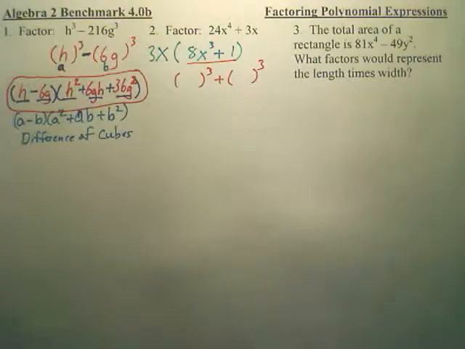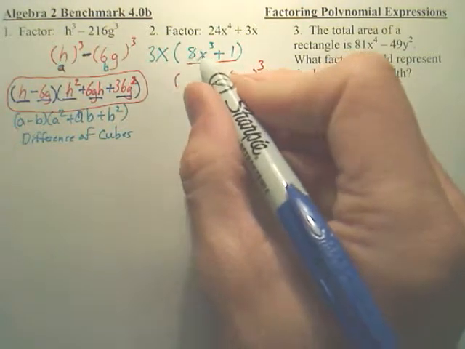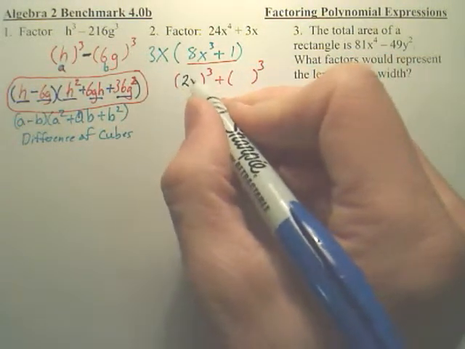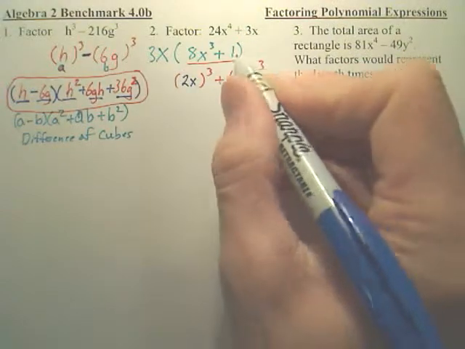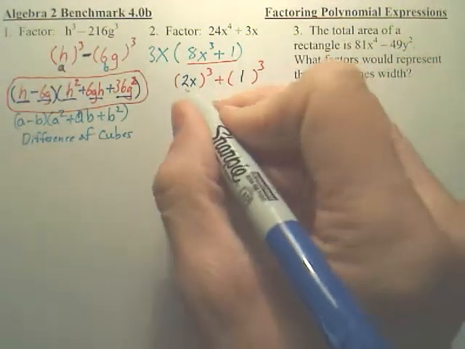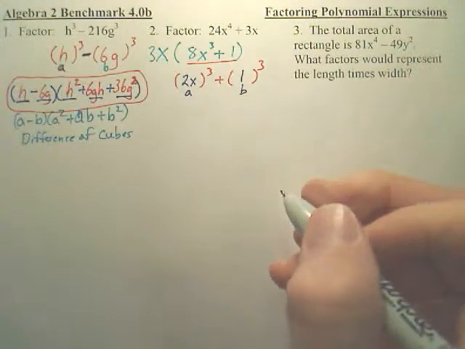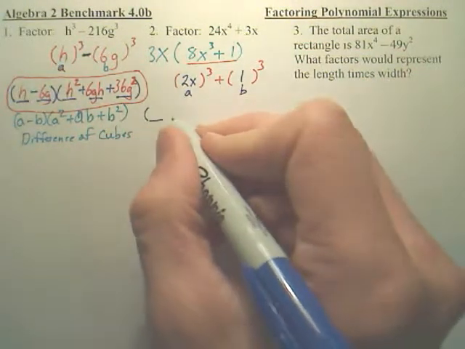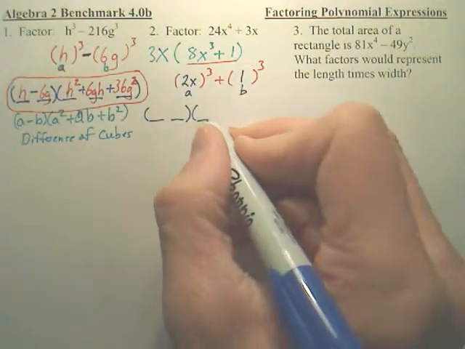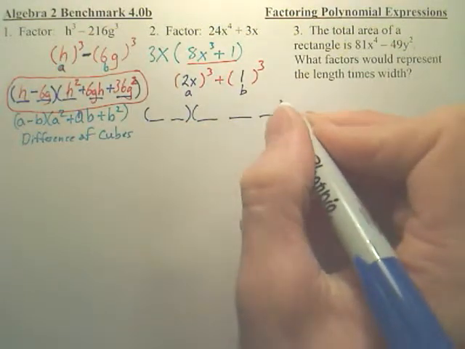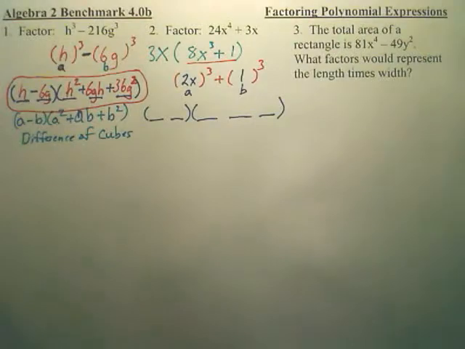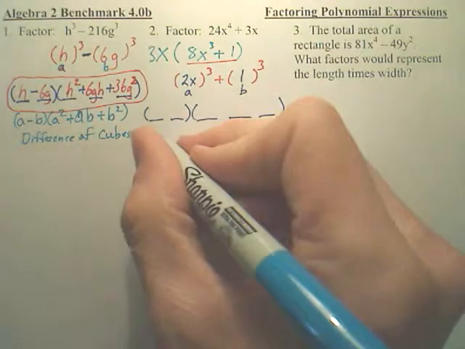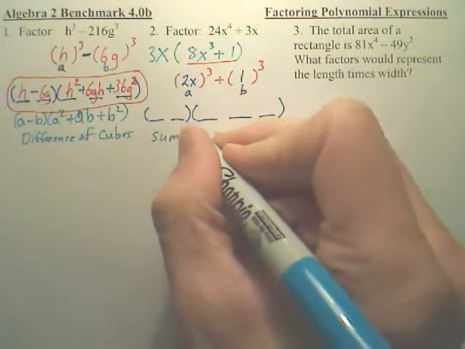So we want to think of, okay, what cubed gives you 8x cubed? Well, that looks like 2x. And what cubed gives you 1? Well, that'd be 1. These are your A's and your B's. So our answer again is something blank something, something blank blank blank. Now the formula again, this is a sum of cubes.